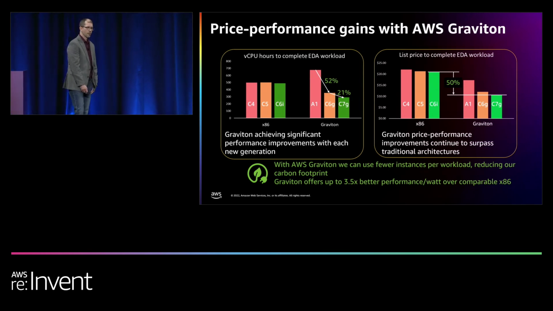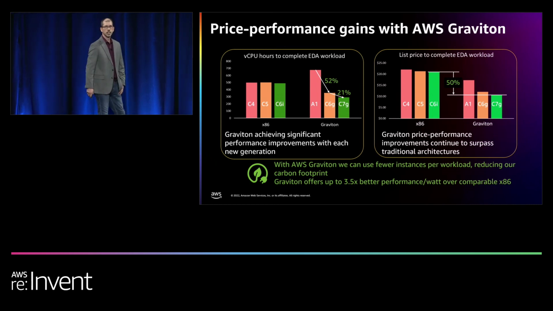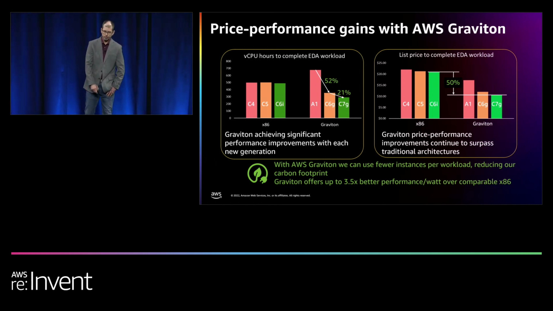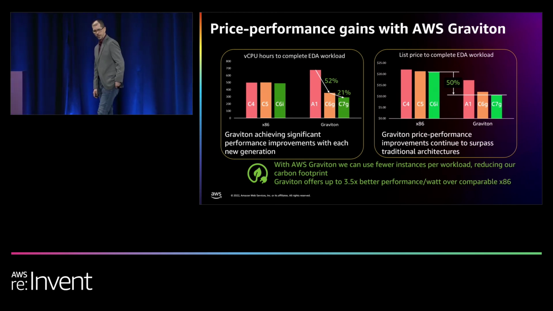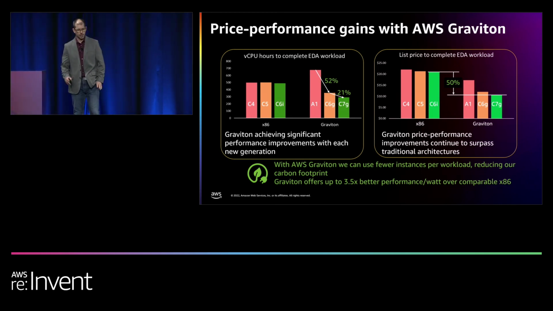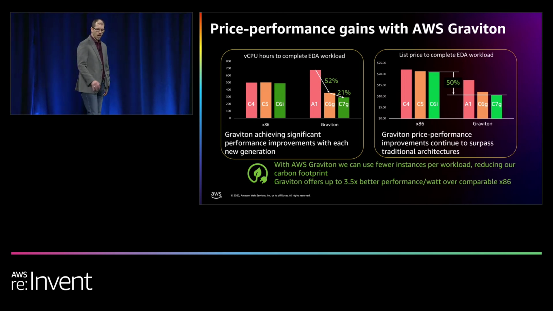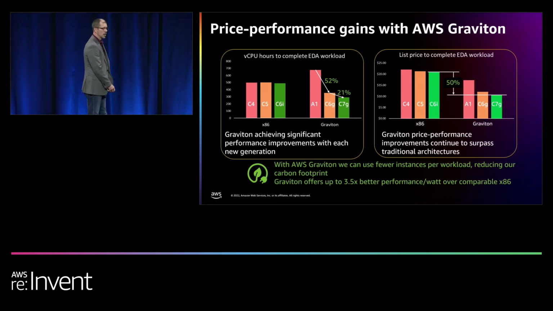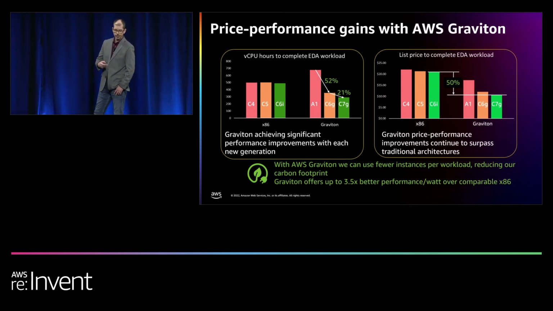This slide shows how. Generation over generation, Graviton has made significant performance gains. These are our measurements of a single EDA workload. Your measurements and mileage may vary. You can see not only the progress Graviton has made, but the raw performance benefit.